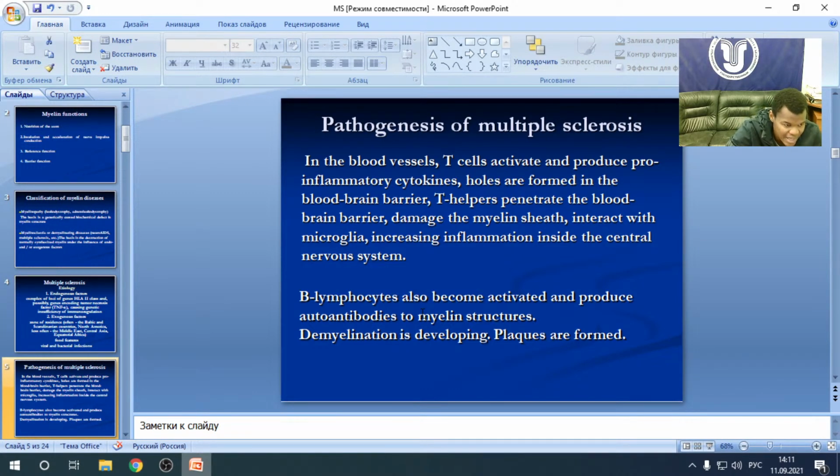Those plaques are the demyelinated myelin. We should understand this: there will be activation of T helpers, which enter the brain barrier, and from here there will be increasing inflammation in our nervous system. Also there will be activation of the B lymphocytes, which are going to develop plaques.